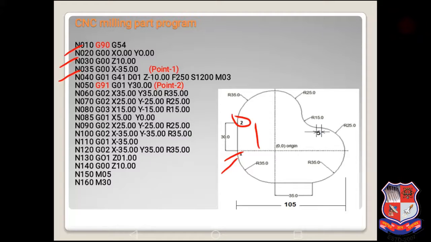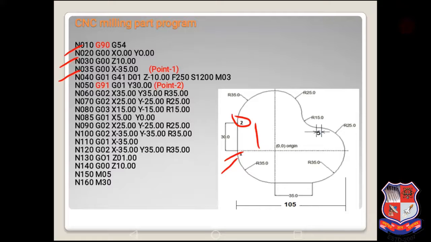Now, as we discussed earlier, we can change the programming mode whenever we want. Once we find that our origin is in between the part and the geometry looks a little complex, we can change the mode of the program from absolute to incremental or incremental to absolute.